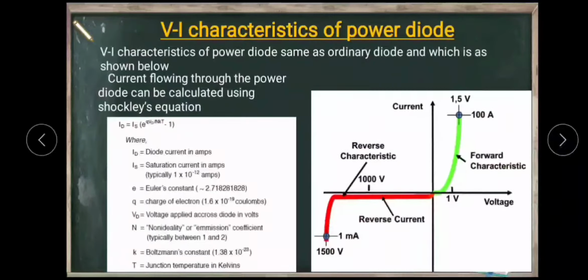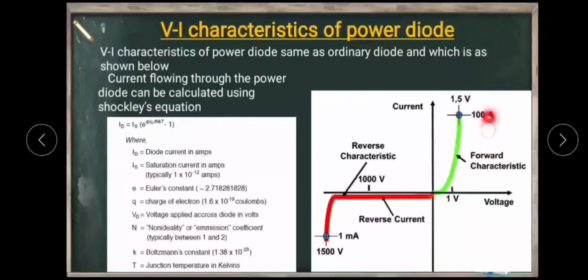So the VI characteristics are as shown in the figure. This we call the forward bias condition, this we call the reverse bias condition. In this condition, it does not conduct, but it will withstand several kilovolts of voltage when reverse biased. This reverse breakdown voltage depends on the thickness of the drift region or epitaxial layer.